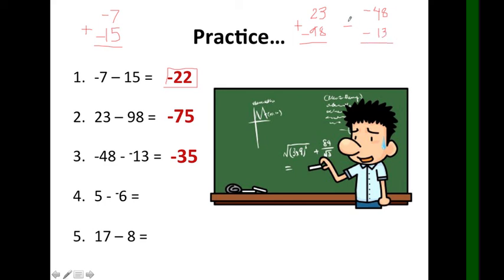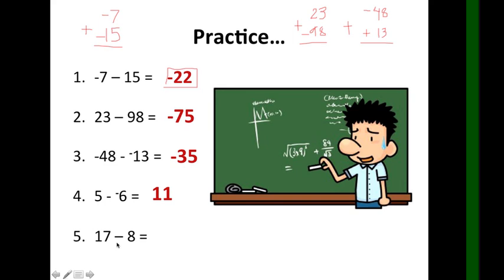Next, change minus to addition, and then get the opposite of the second number. The opposite of negative 13 is positive 13. Since they don't have the same sign, in rule 2 of addition, subtract the two numbers and copy the sign of the bigger number. Since the bigger number is 48, we have a negative sign, and 48 minus 13 is 35.